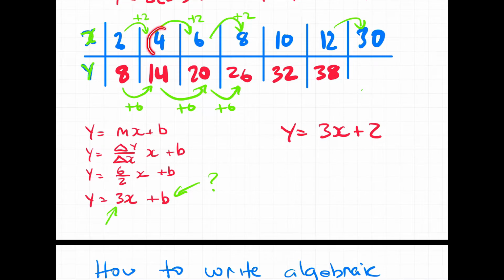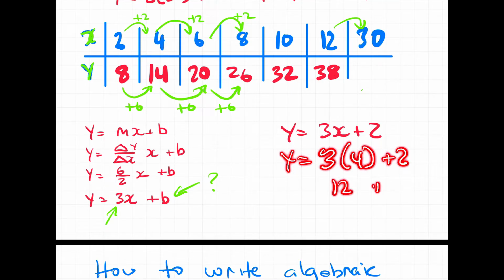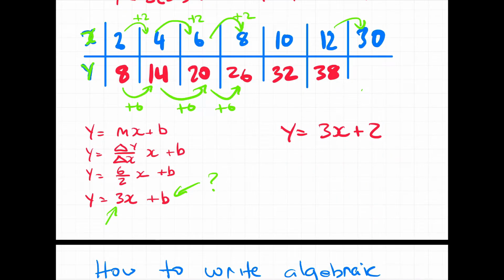So the next x value that we have is 4. y equals 3 times 4 plus 2. What is 3 times 4? It's 12 plus 2. What is 12 plus 2? 12 plus 2 is 14, and you can see that is our answer right there. Moving on to the third x value, which is 6.